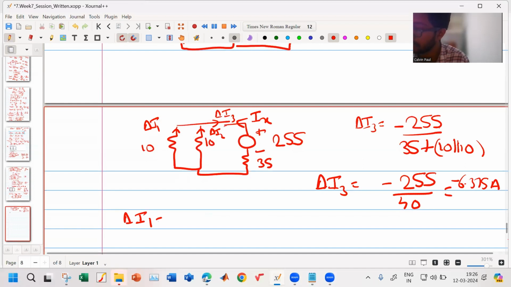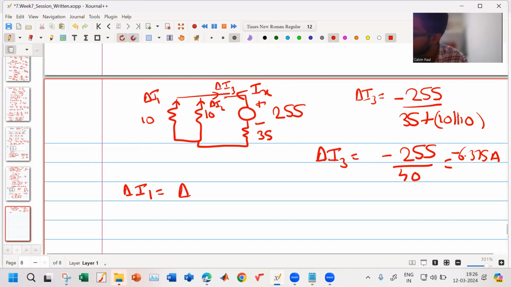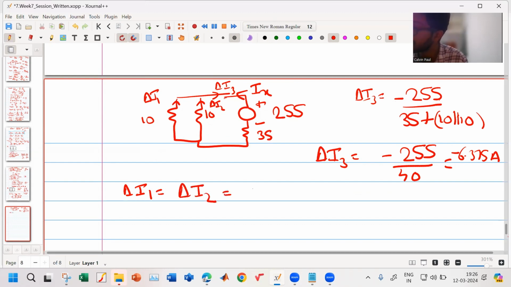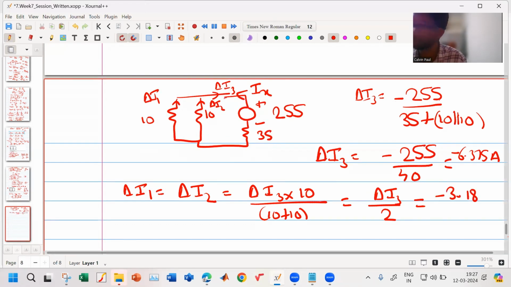Using the current division rule, delta I1 is equal to delta I2, which is equal to delta I3 into 10 upon 10 plus 10. So that is equal to delta I3 divided by 2. That is equal to minus 3.1875.